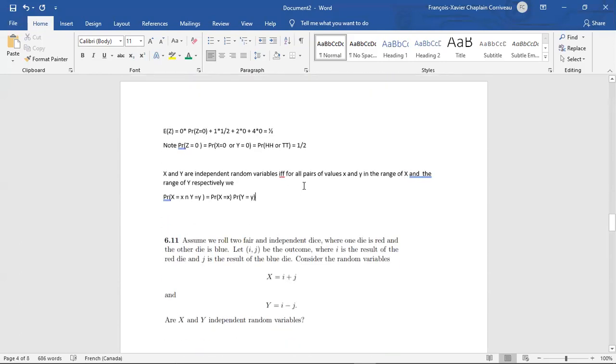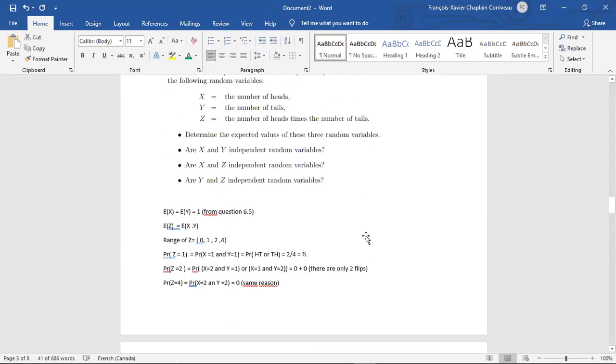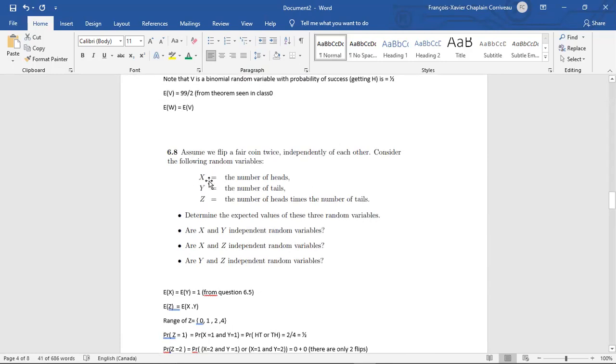But I don't know the marking scheme of the exam. I don't know what sort of answer you're expected to give, but the safest thing that you can do for yourself is to use the definition of independence, even if the answer might be totally obvious.